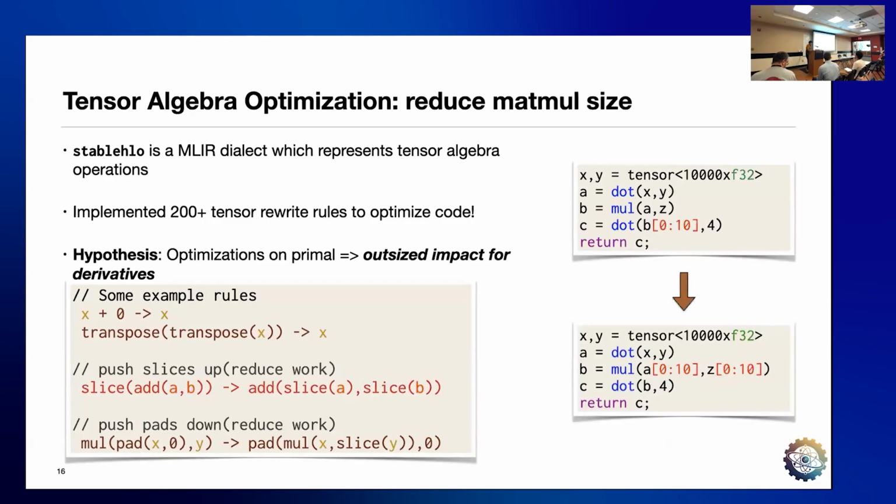What a tensor rewrite rule does is that you could push these slices up using this push slice up rule. This reduces the size of your matrix multiplication to just work with smaller intermediate values.